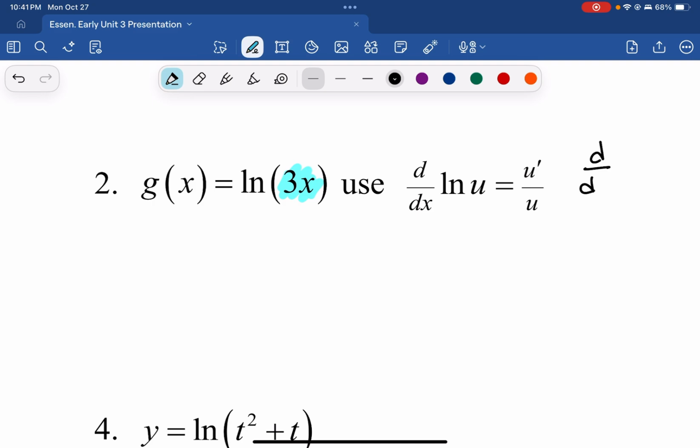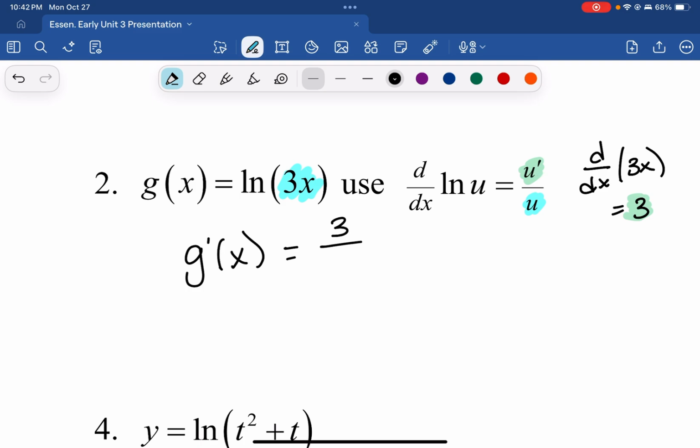The derivative of 3x is just 3, so that's my u prime. So our g prime of x is going to equal u prime, so 3, over our u, 3x.